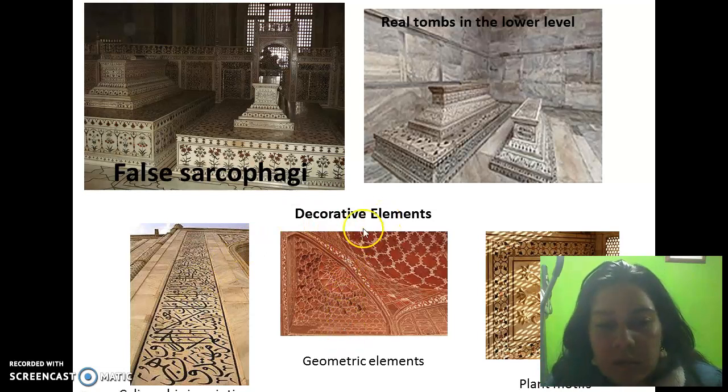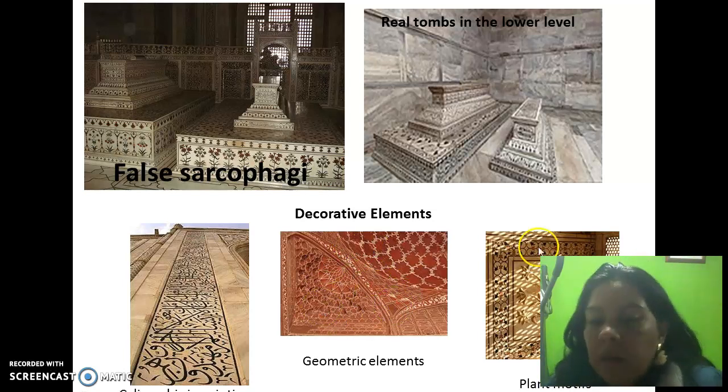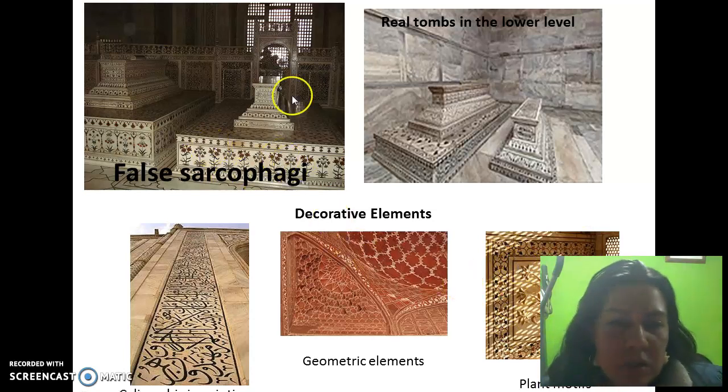The second decorative element is abstract geometry. These elements are located mainly on the dome but also inside the mausoleum. The third element is plant motifs, we can see these elements also in the false sarcophagi.